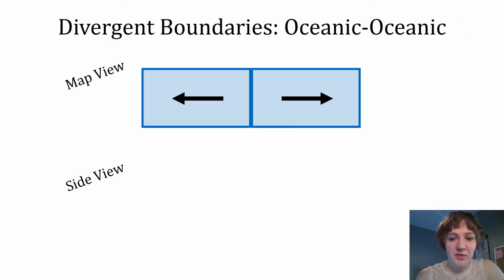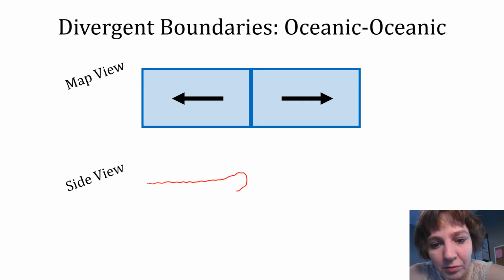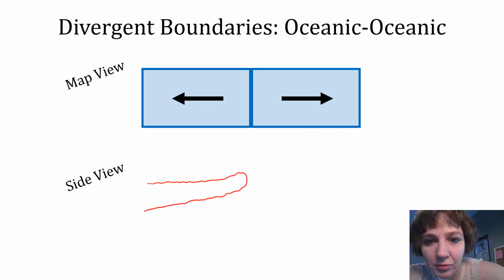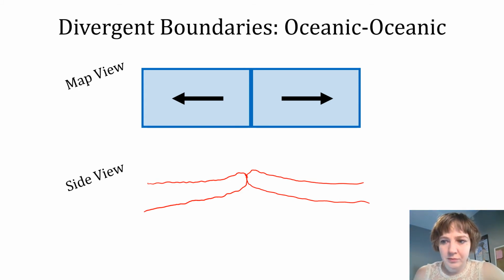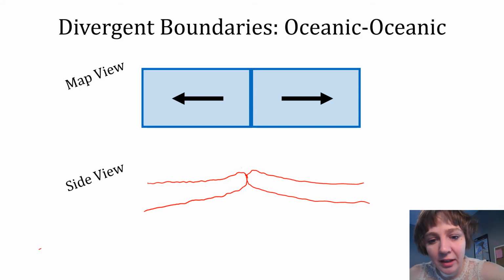Moving on to the case of two oceanic plates diverging, what physically is happening here is that this feature, the topographic high, is called a mid-ocean ridge.